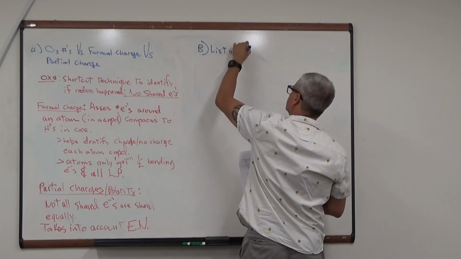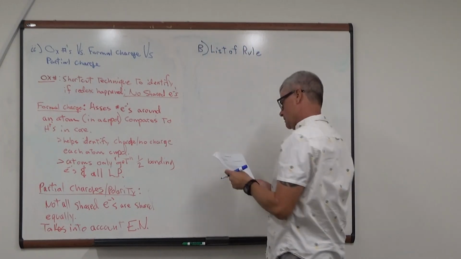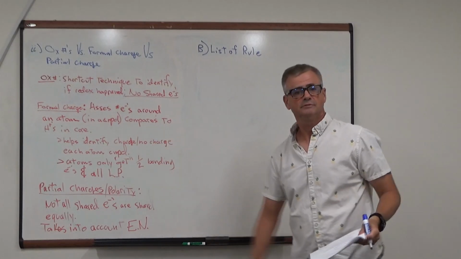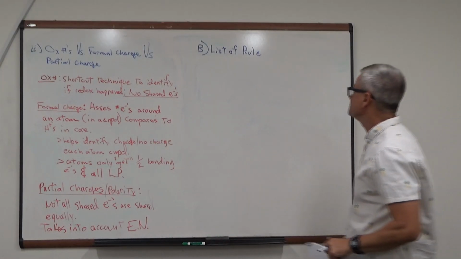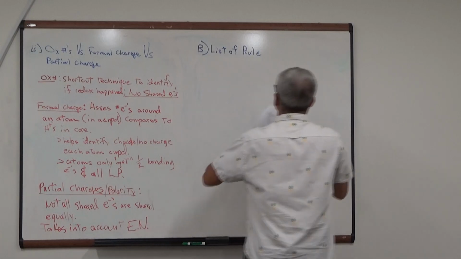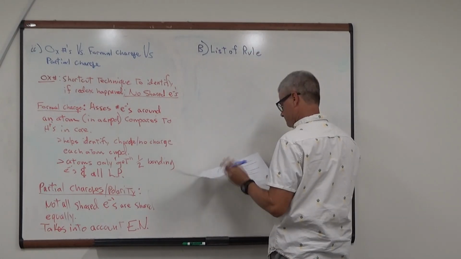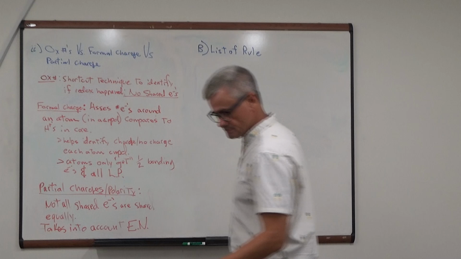List of rules. Section A was intro to oxidation state numbers. Section B is the list of rules having to do with the oxidation state numbers.